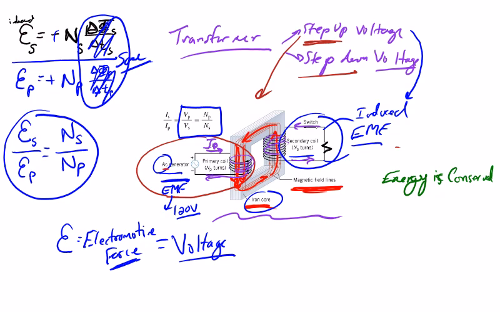So what we typically do is we don't think of it in terms of energy, we think of it in terms of power. So the power of the primary always has to equal the power of the secondary. At most, that's the best it can do.